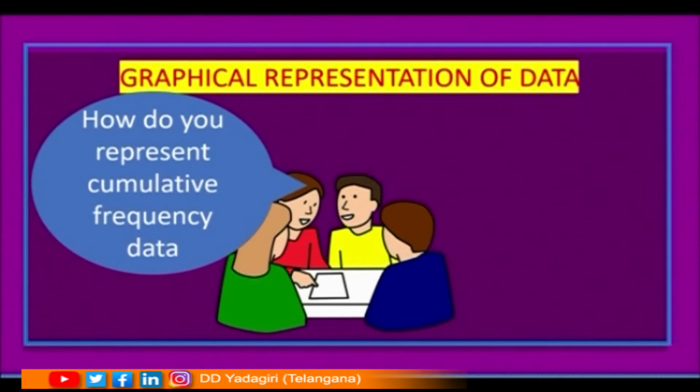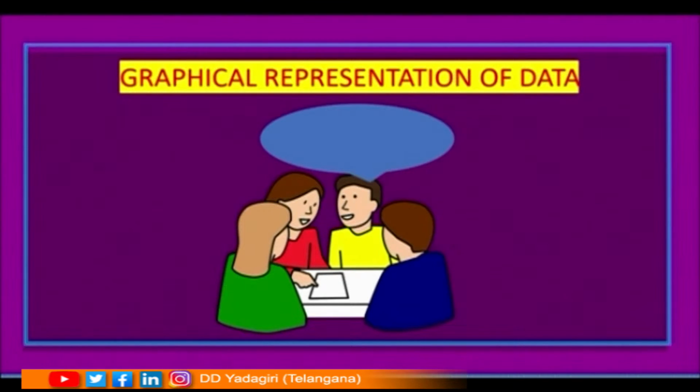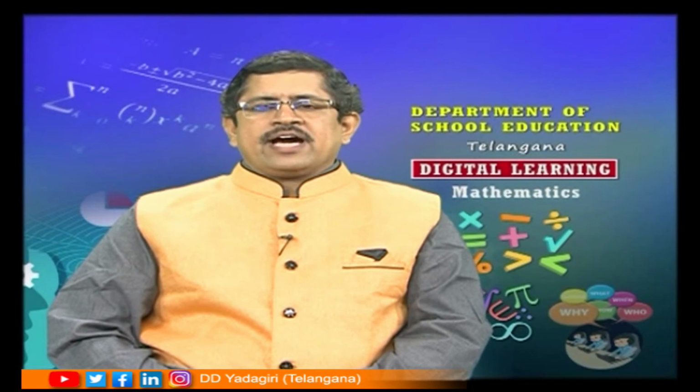Raju, Rohit and Reshma could not answer the question, and the teacher tried to discuss this topic. So today's topic is the representation of cumulative frequency on a graph. That representation is what is called Ogive curves. So today we are going to learn about Ogive curves.